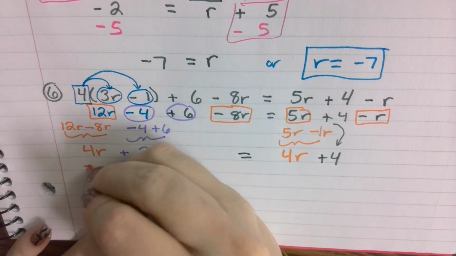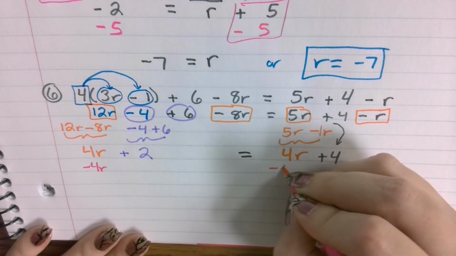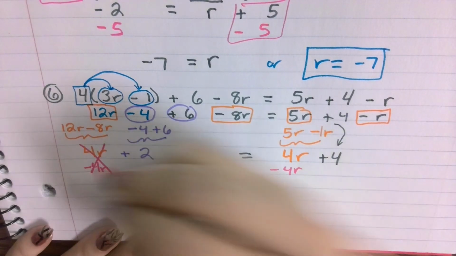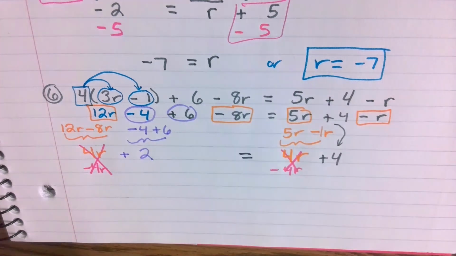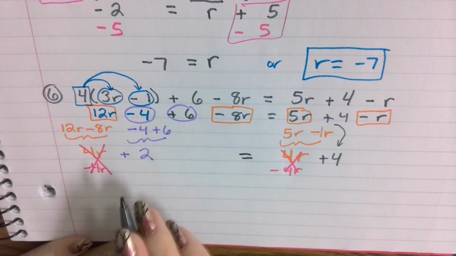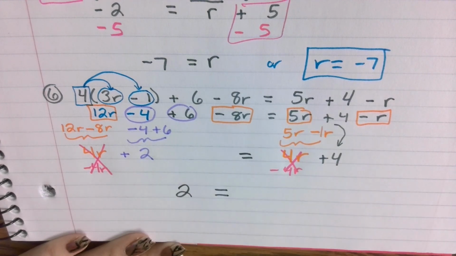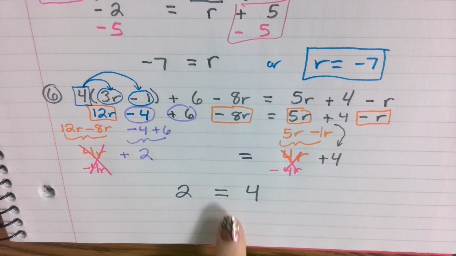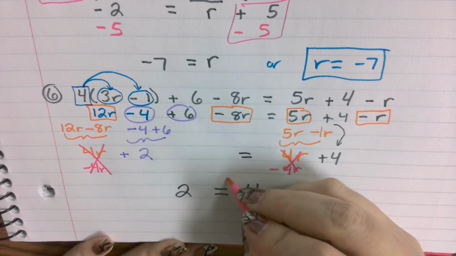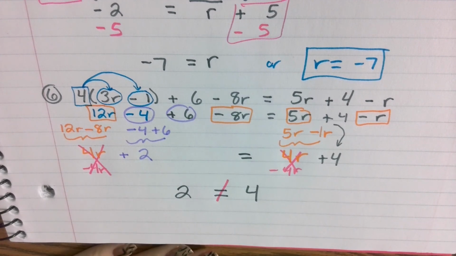I'm going to subtract 4r from both sides, which means that they're both going to get canceled out completely, and we are left with a positive 2 saying that it's equal to a positive 4. Is that true? No, it is not equal, so I'm going to put a slash through it.